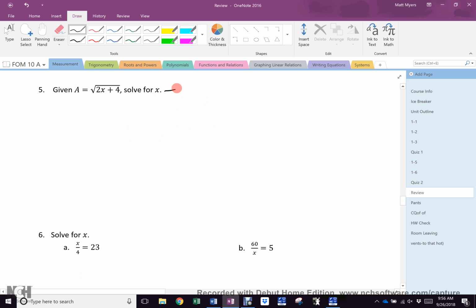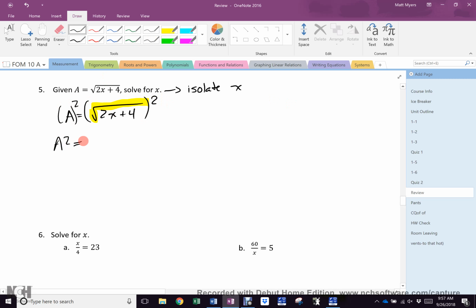Solve for x. That means isolate x. So how do I do that? Well, a equals the square root of 2x plus 4. So to get x by itself, you've got to get through this square root. Well, to get rid of a square, you square root, so how do I get rid of a square root? I must square it. Square both sides.